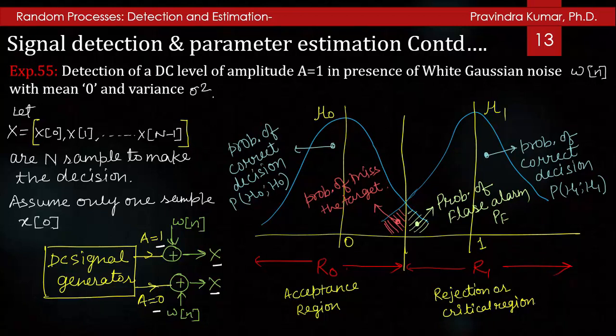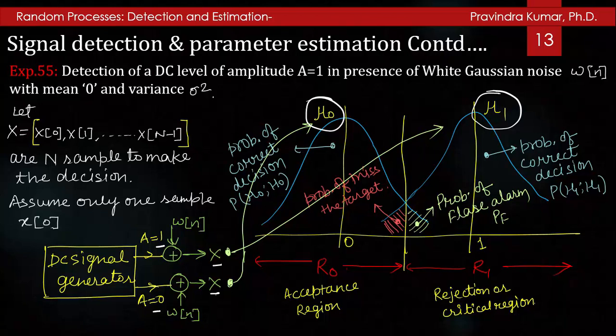These are the PDFs shown for the two hypotheses H1 and H0. When the DC level A equal to 1 is present in the signal, this X corresponds to H1, meaning the signal is present. And when the signal is not present, this is hypothesis H0. So this observed X belongs to H0 when the signal is not present.